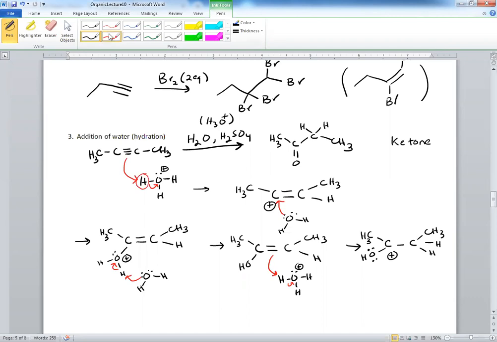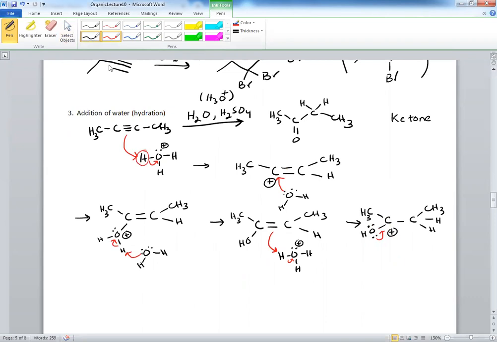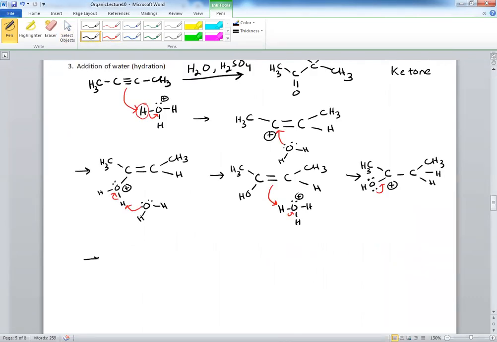The reason why is because these lone pairs right here on the oxygen form a double bond between the oxygen and the carbon where the carbocation is, leading to this.